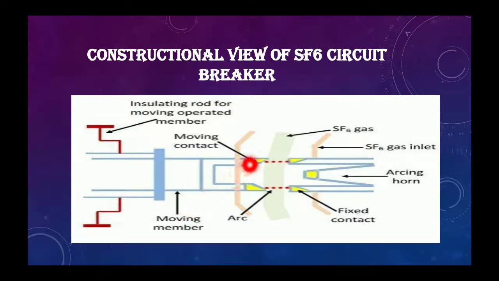These are the contacts, and this moving member is connected with the fixed contact, and this is the arc, and that is the SF6 gas which quenches the arc. That is the SF6 gas inlet from where the SF6 gas is charged, that is the arcing horn, and that is the fixed contact. So here is the constructional view of the SF6 circuit breaker.